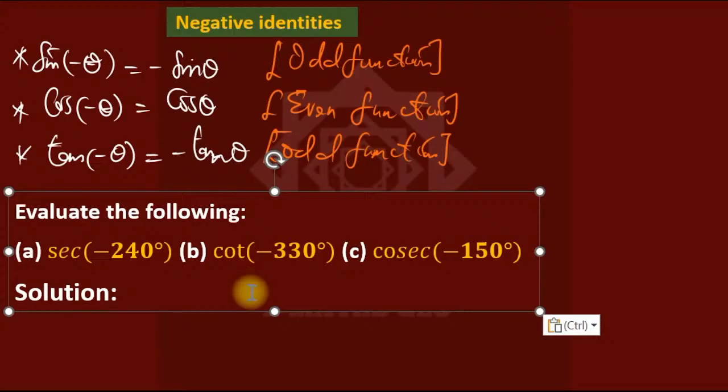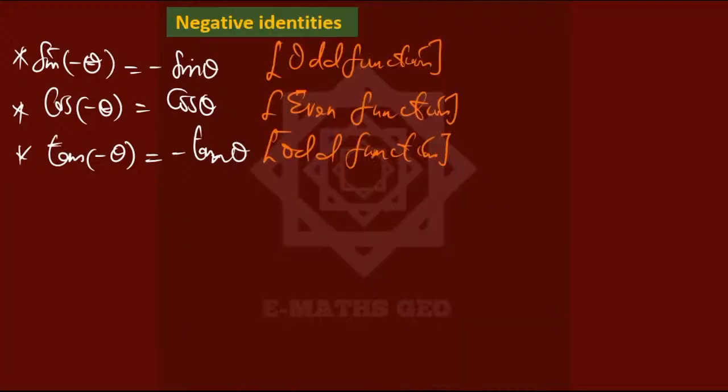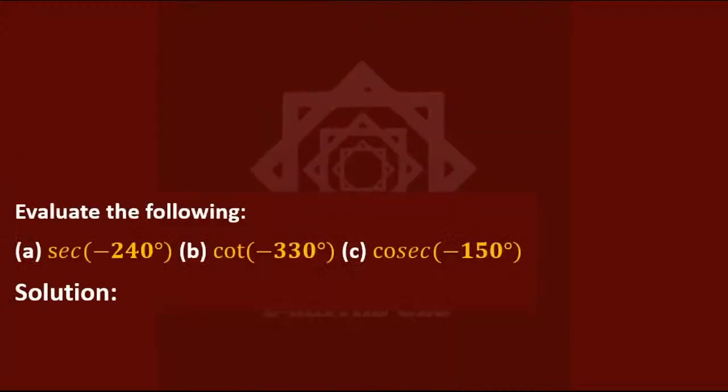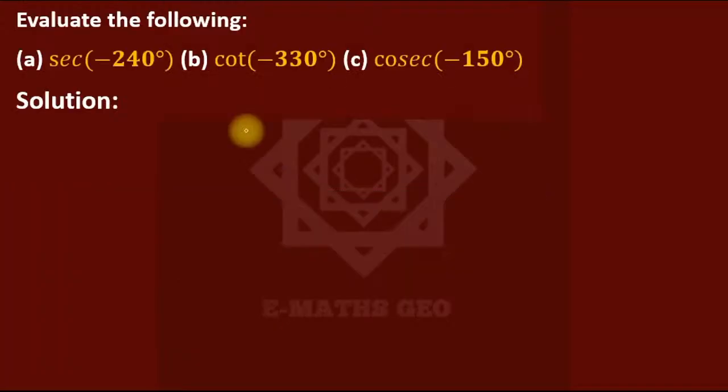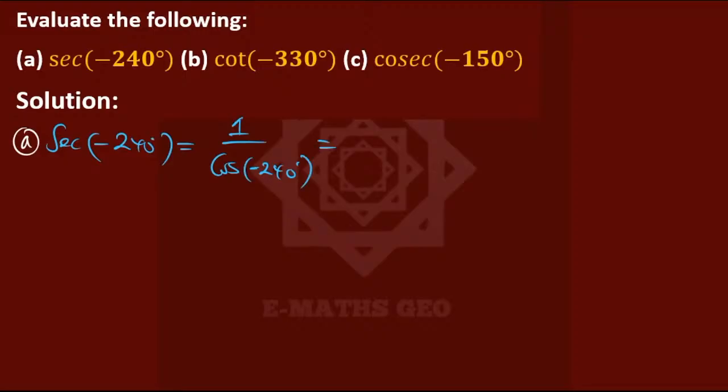But let's look at this question. Evaluate the following. Okay, let's move to another page. Now we're asked to find sec of minus 240 degrees. The first thing, sec is 1 over cos of negative 240, the reciprocal identity. Now cos, I told you, is an even function, so just neglect the negative sign.